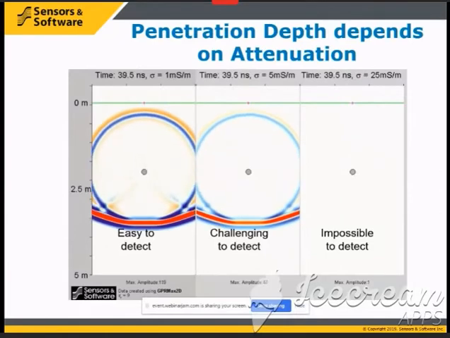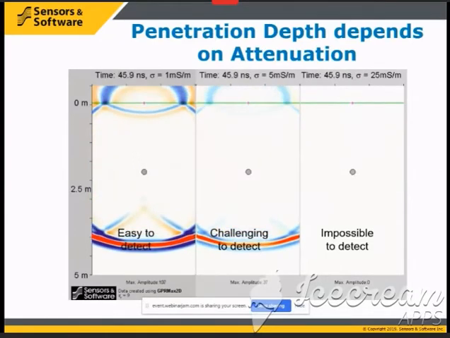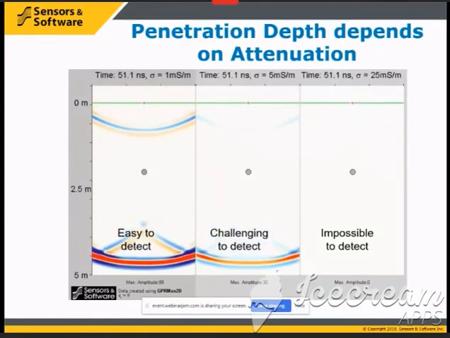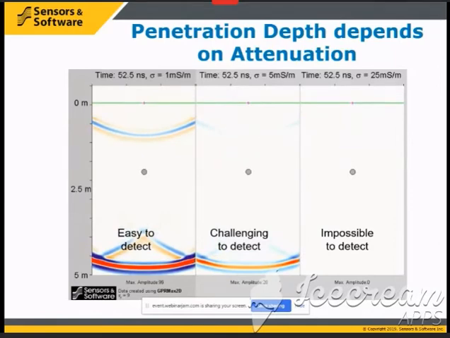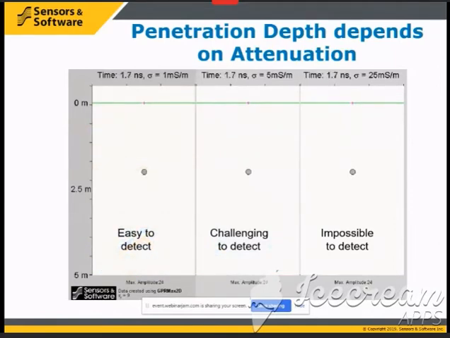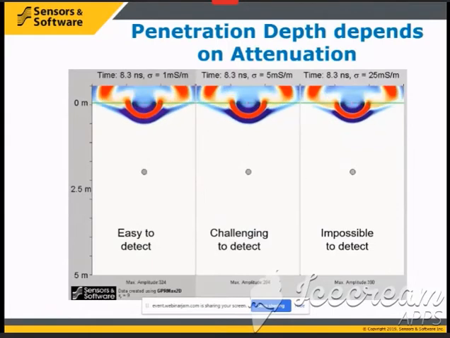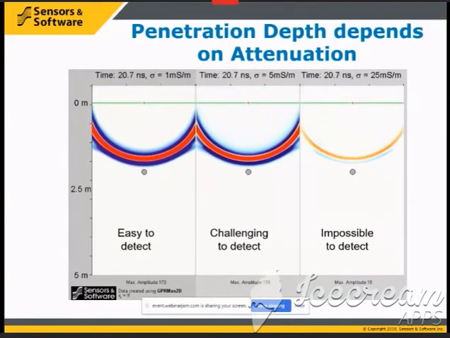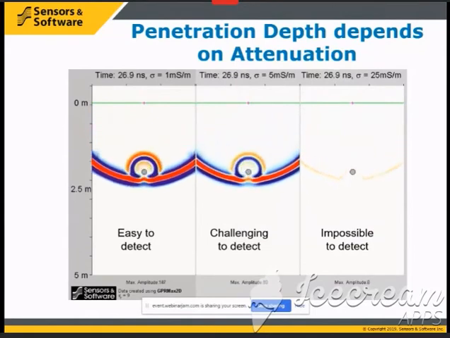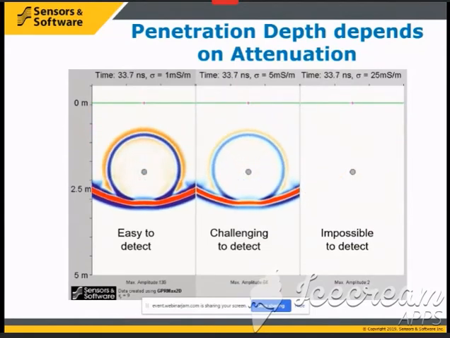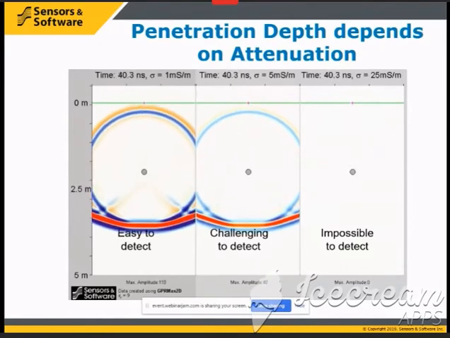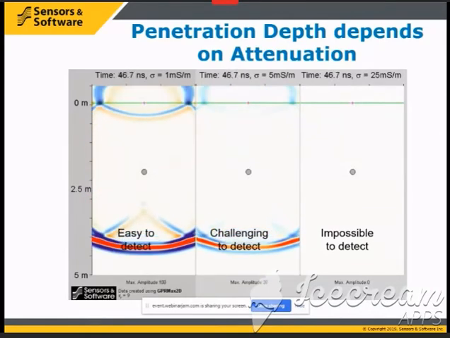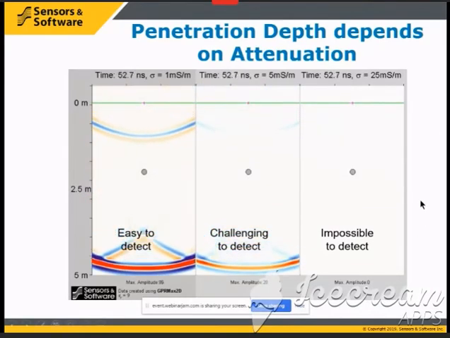But when you walk across a filled area, the penetration decreases because it has higher attenuation. I've also seen the opposite situation, bad native soil, and the fill that was added is actually better for GPR penetration. This goes along with one of my messages today, which is GPR can be hard, but don't give up too quickly.